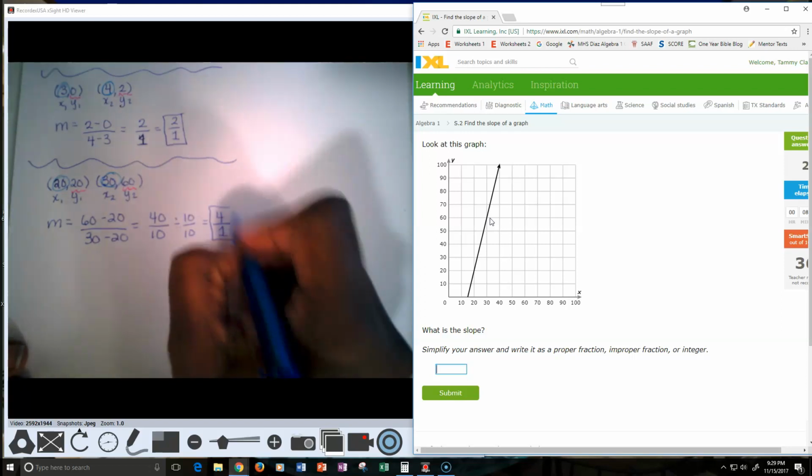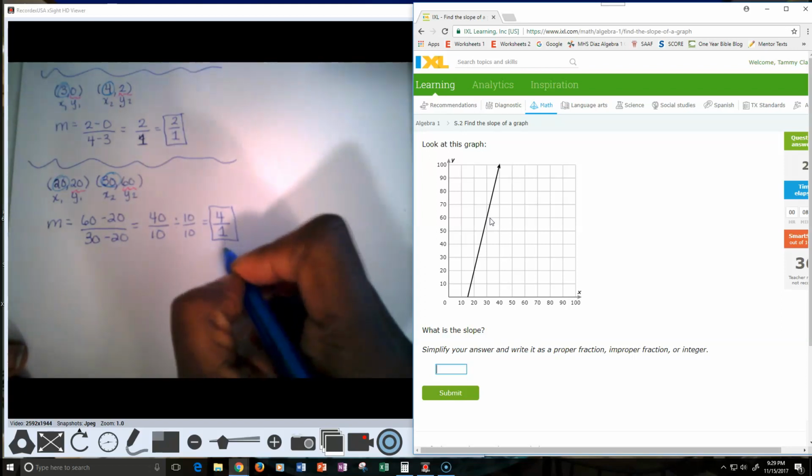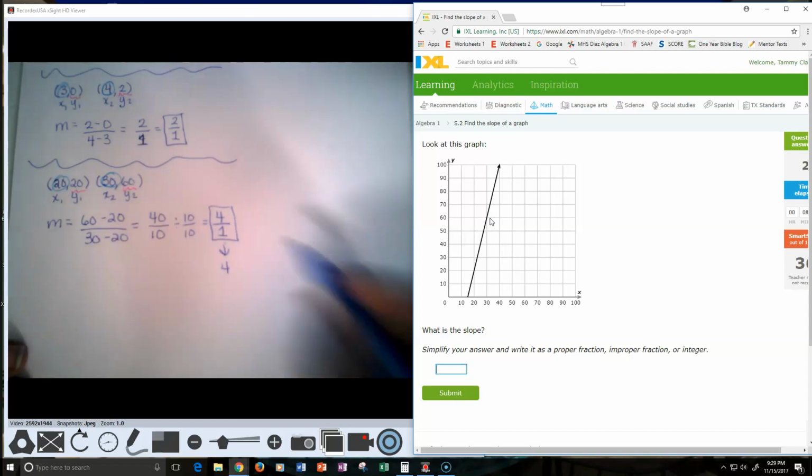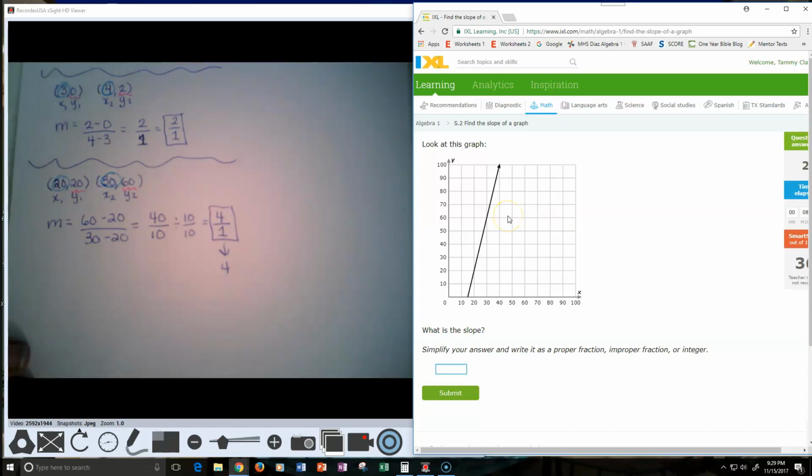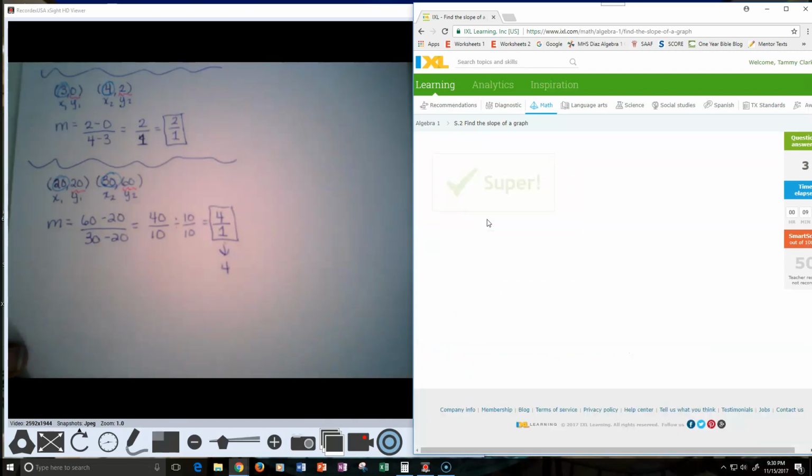So our slope would be 4 over 1, or you could just write it as 4. Let's confirm that graphically. If I start here at this point and count up 1, 2, 3, 4, and go over 1, there indeed is the next intersection. So we're just going to put 4 in.